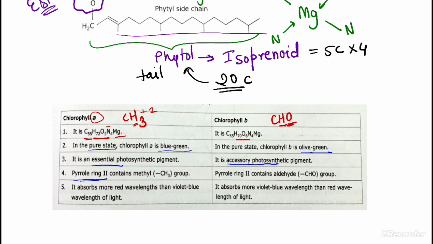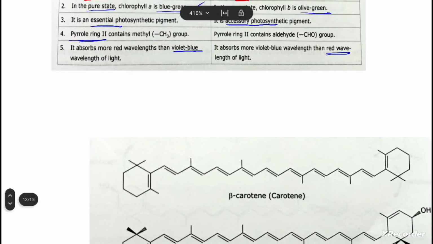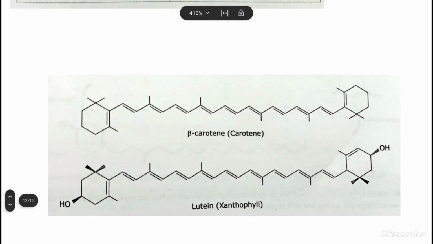Chlorophyll A absorbs more red light than violet blue light, and because of that you can say it's reflecting blue light, because it's absorbing less of blue light, so it will reflect more of blue light, and it's blue green in color in its pure state. Here obviously it will be opposite, olive green, yellowish green, so it absorbs less of the red wavelength of light.